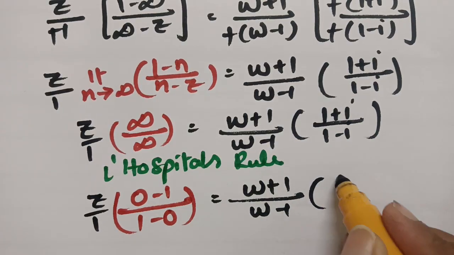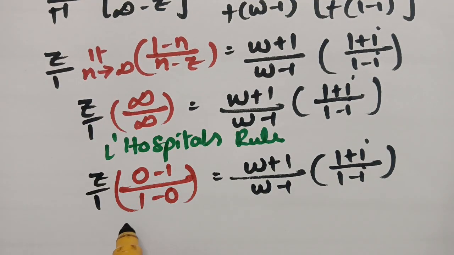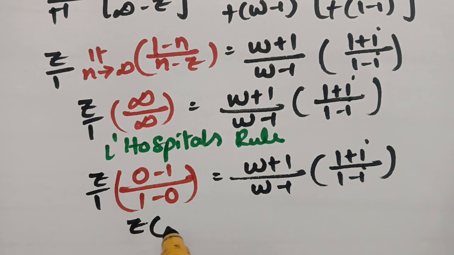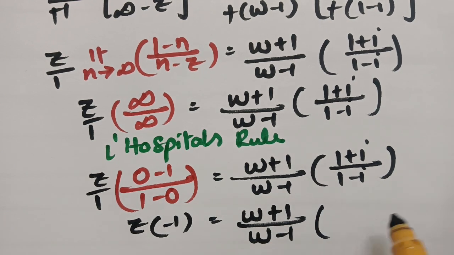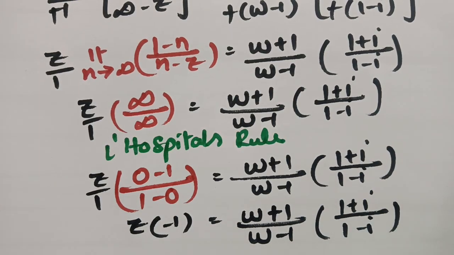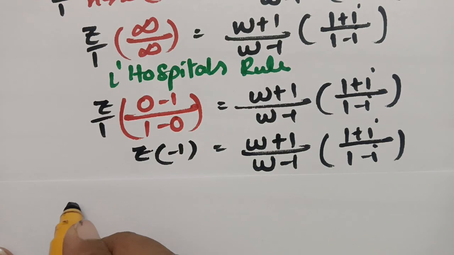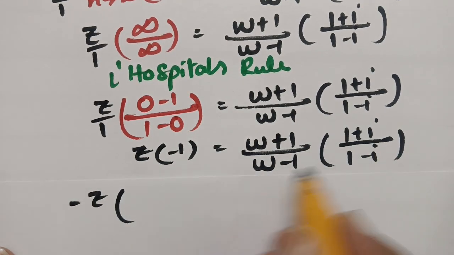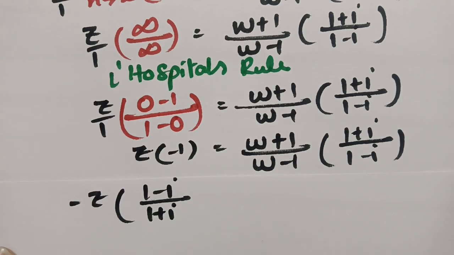So before that, we have Z minus 1, so this is W plus 1 by W minus 1 into 1 plus I by 1 minus I. So clearly this is Z times 0 minus 1 is minus 1, this is plus 1, and this value is W plus 1 by W minus 1 into 1 plus I by 1 minus I. And clearly, if I send this term to that side, this will be minus Z times, in the numerator, and this will be in the denominator.